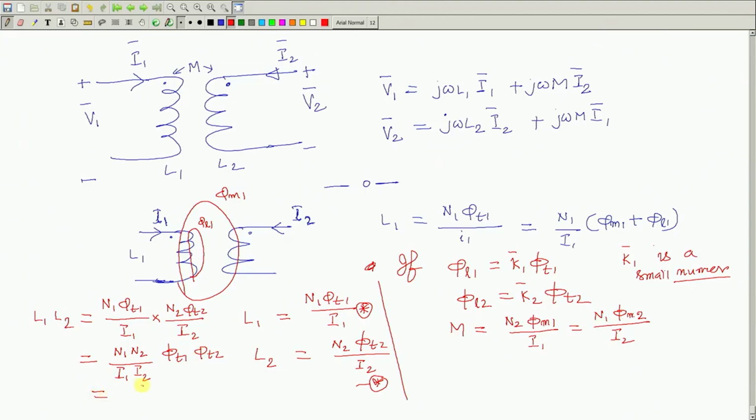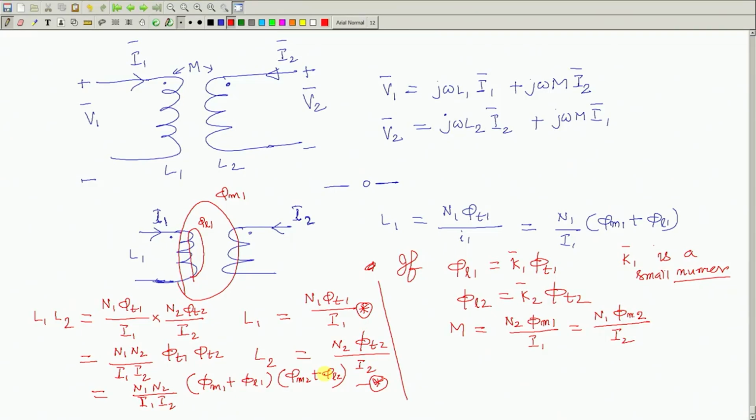Now, phi T1 is phi M1 plus the leakage flux phi L1, and phi T2 is phi M2 plus the leakage flux of the second coil.